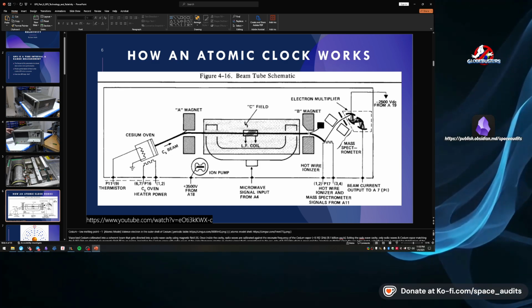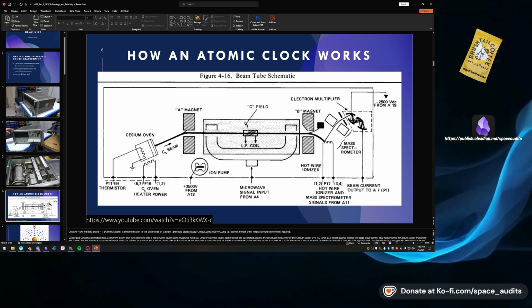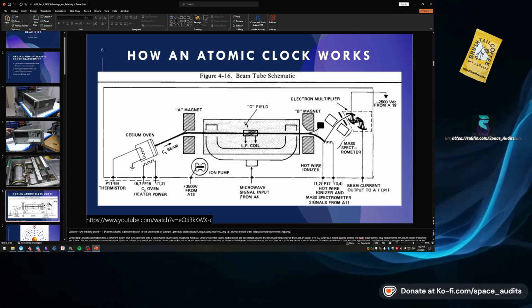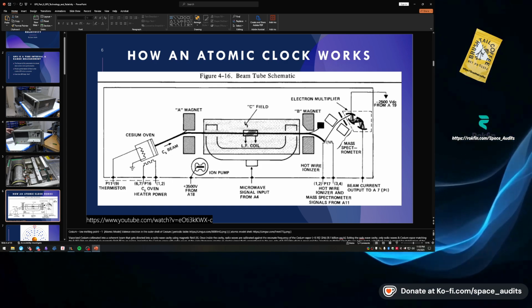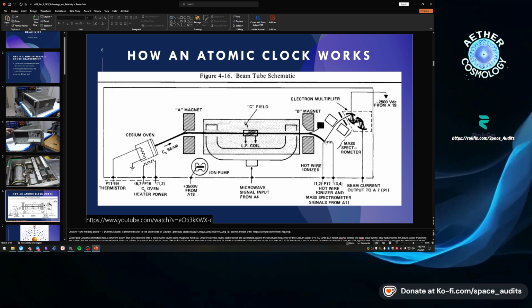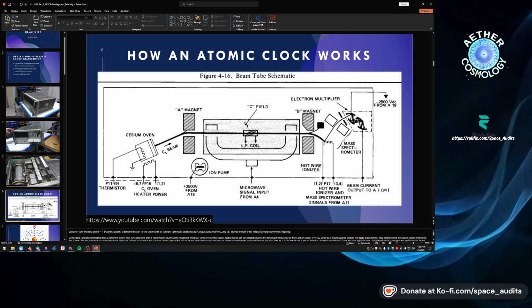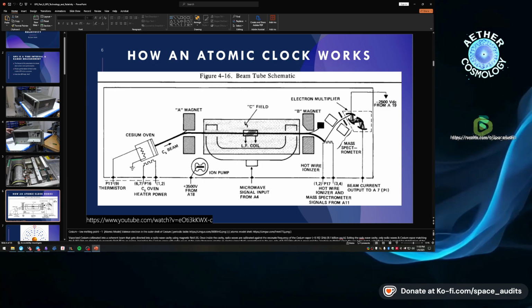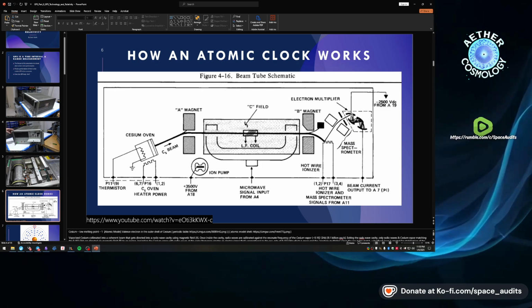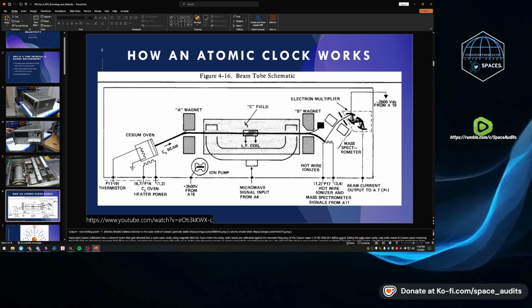Anything above 9.192 gigahertz gets bounced out, and everything else of the appropriate frequency gets sent over to an ionizer, which ionizes the gas, and that converts into an electric signal. That signal gets amplified over here by the photomultiplier, and that gives them a pulse rate.